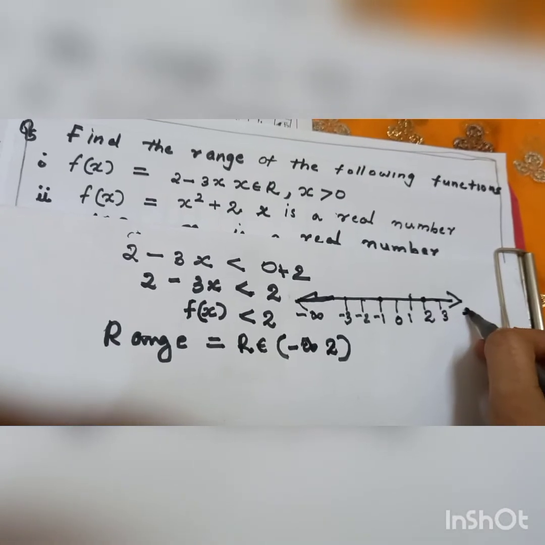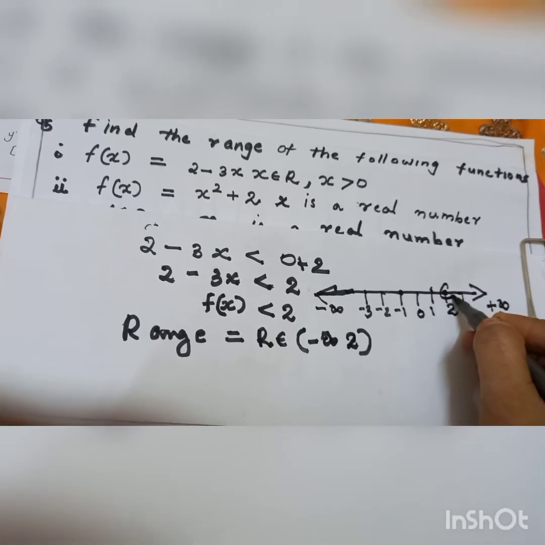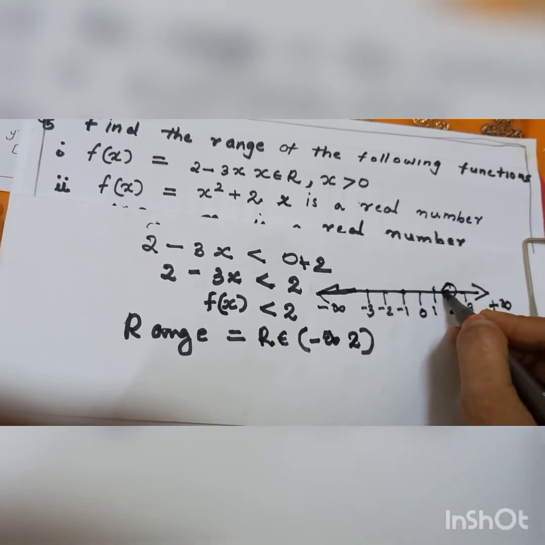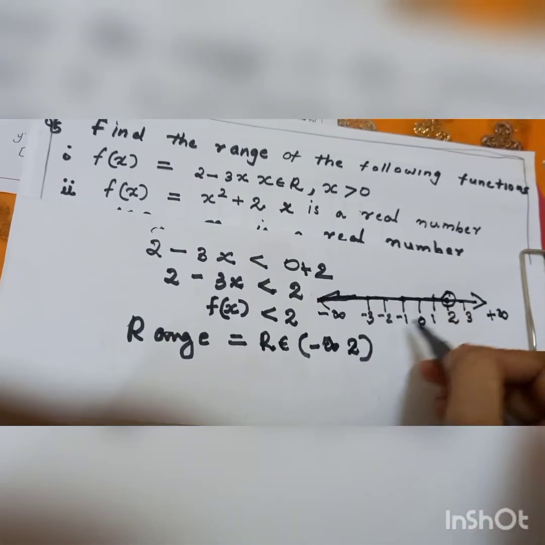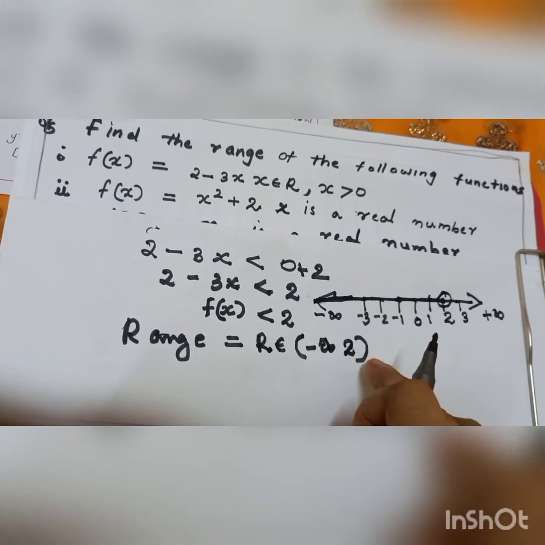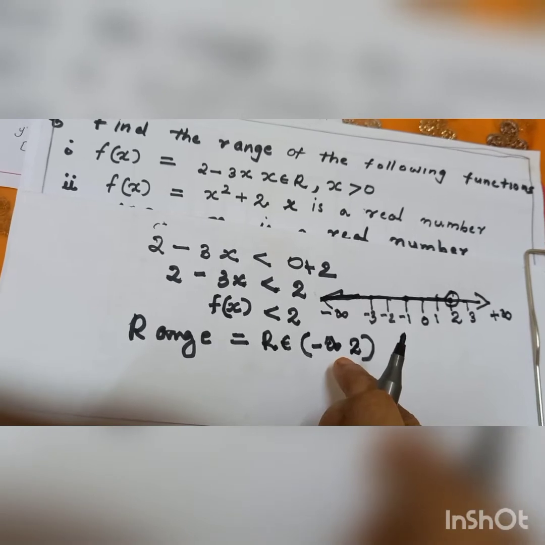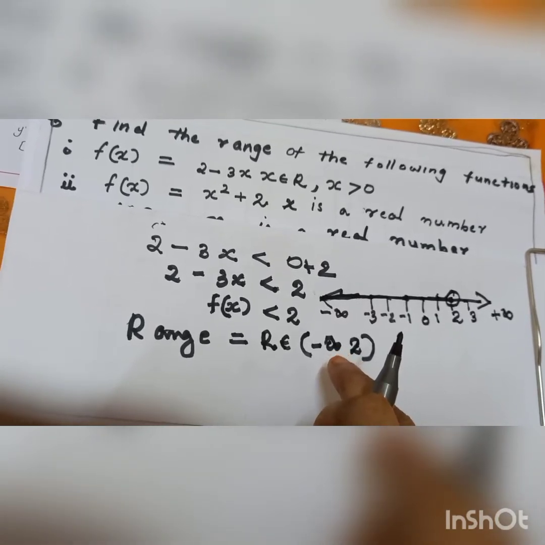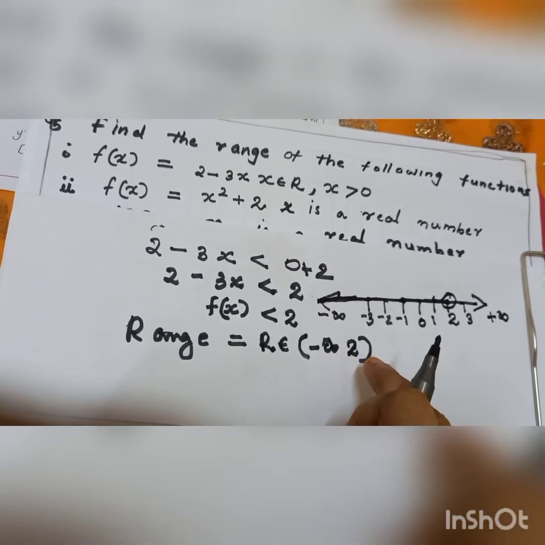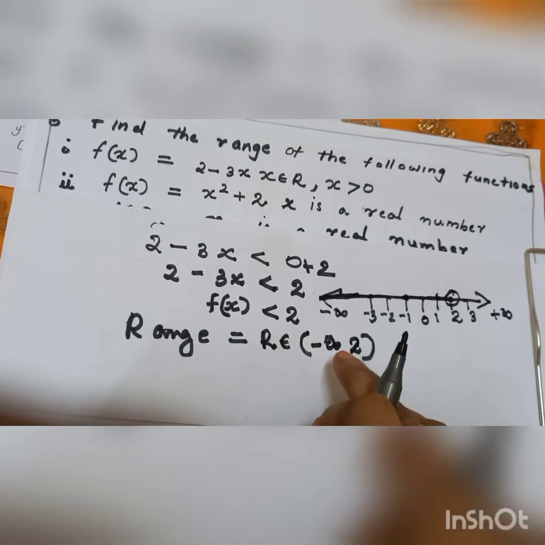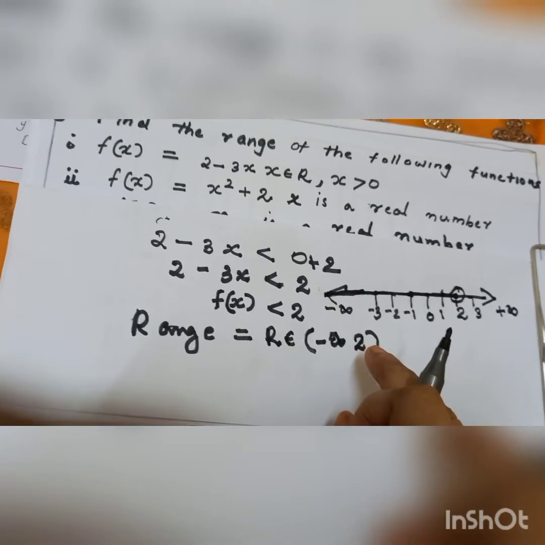This is an open bracket from minus infinity to 2, which means we are not taking 2 but all the values in between minus infinity and 2.